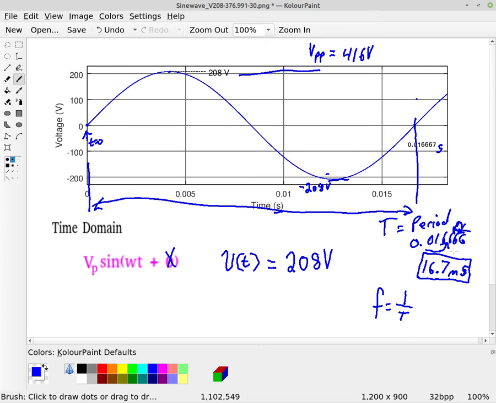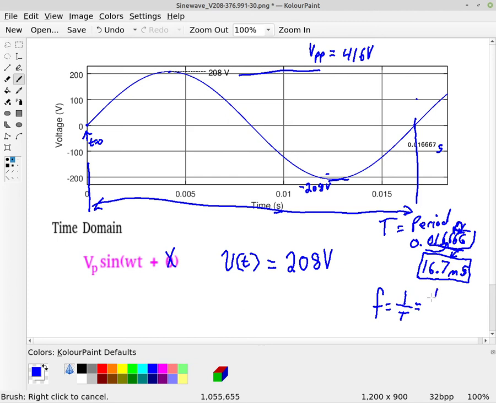Now remember, you want to use at least 5 digits when you do your calculations. If you use this rounded version, you might actually end up with a round off error. So make sure when you're actually doing the calculations, you take your digits out to at least 5 digits.